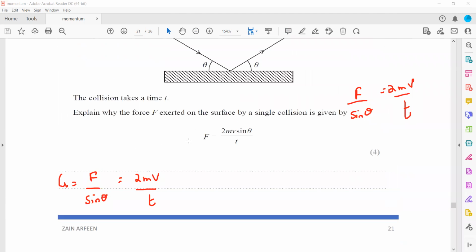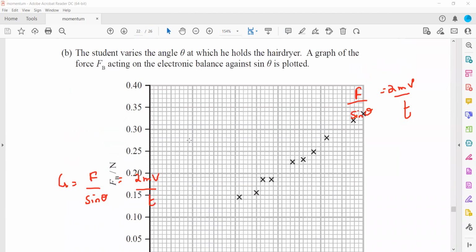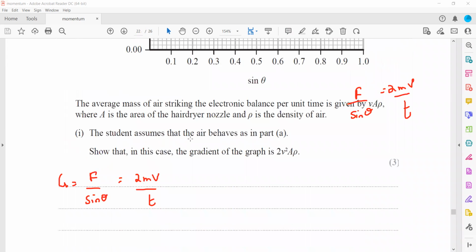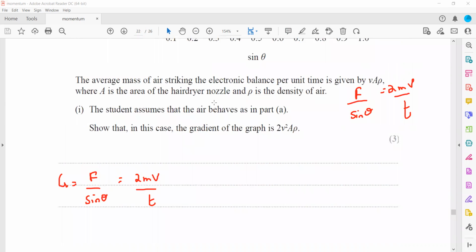where m is the mass, v is the velocity, and t is the time. And then in the question, they mention the mass of air striking the electronic balance per unit time is given by VAρ. So this mass per unit time, m by t, is equal to V, the speed, A, the area, and ρ, the density.